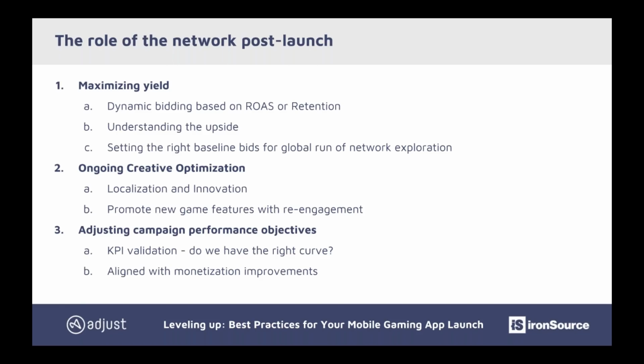You do want to set the baseline bid in a way that allows room for growth from publishers you haven't seen yet that will go live soon, or smaller pockets, or countries you're not sure about. So you set the right bid to find those opportunities. And once you have the right data in terms of sample size, you can move it to the bucket of dynamic bidding.